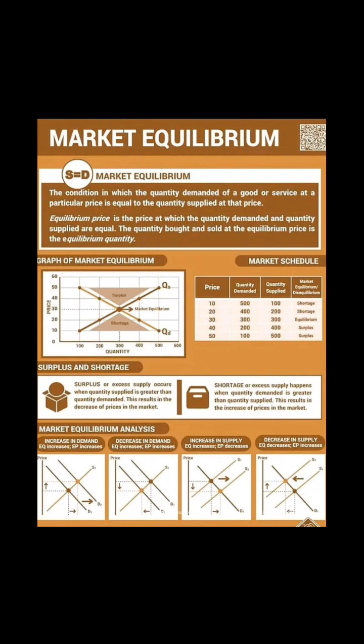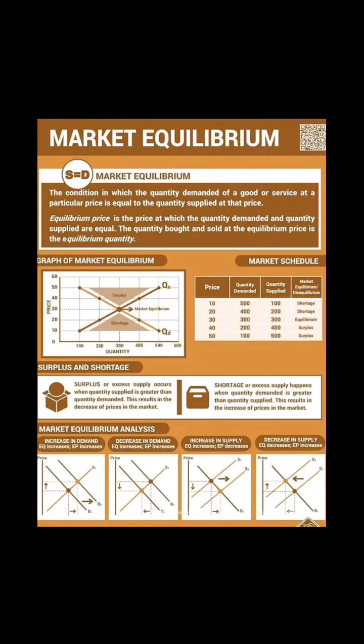This graph is just showing you a normal law of demand and supply. So at the market equilibrium, that is at point 30 in price and about 300 in quantity, that is where we get our equilibrium price.